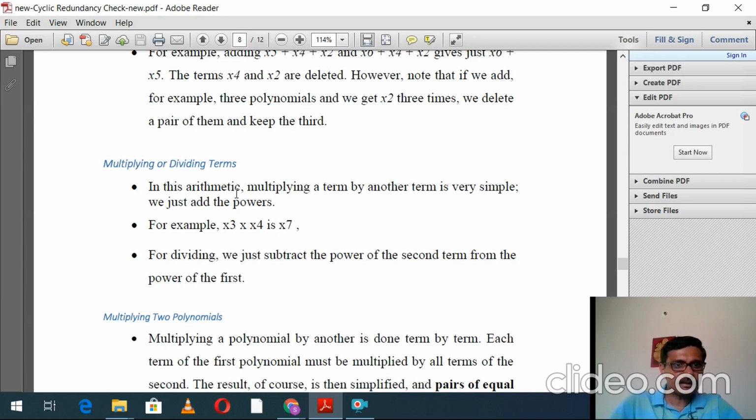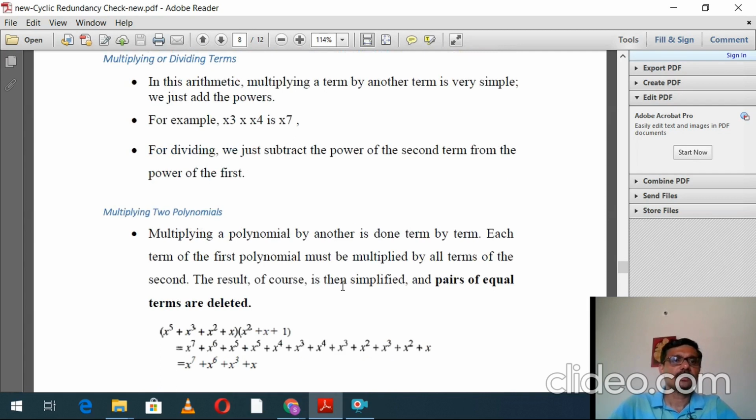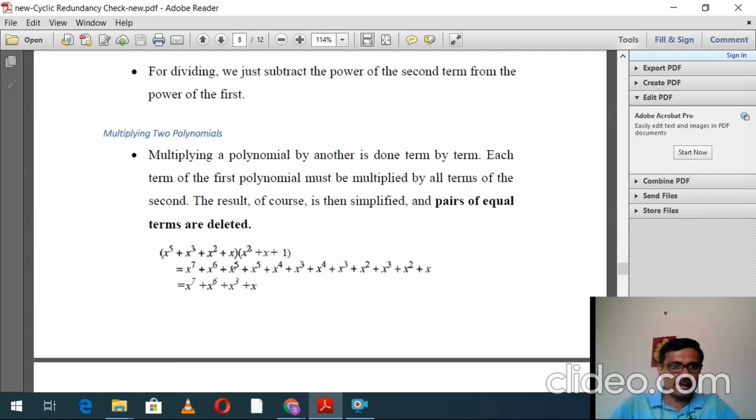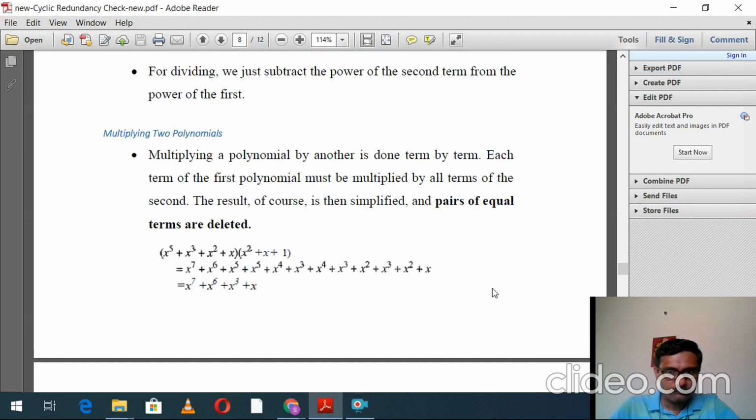And multiplying, again same, simply adding the powers. Dividing is simply subtracting the powers. Okay, that's similar to the ordinary multiplying. You can see the example here, multiplying these two, x power 7, you get x power 2 multiplied by x power 5, and you get here, x power 5 is there in two places, as a pair, it is deleted.